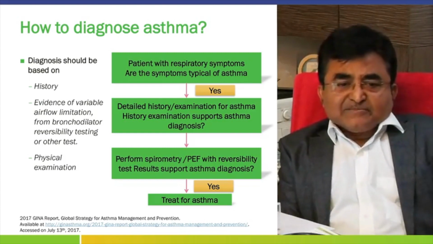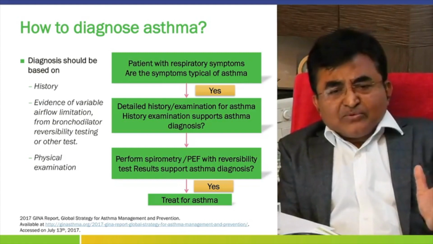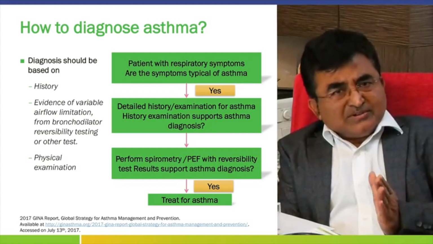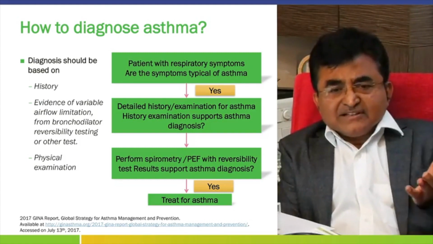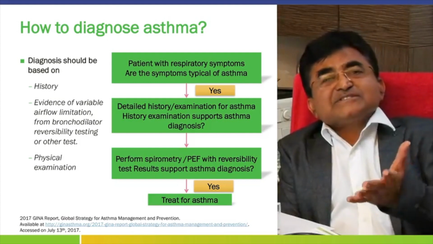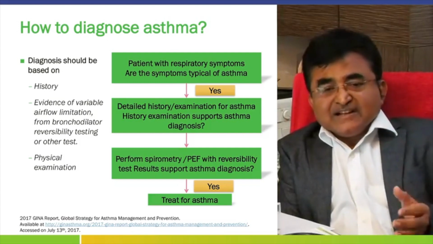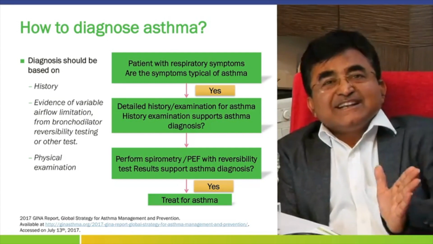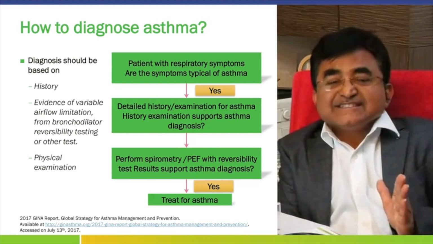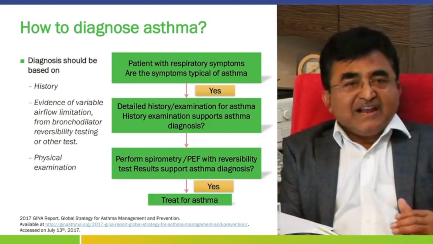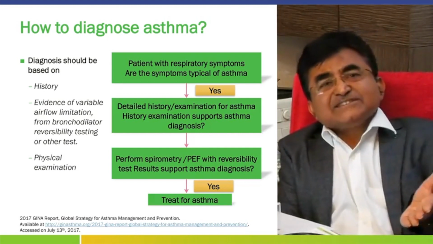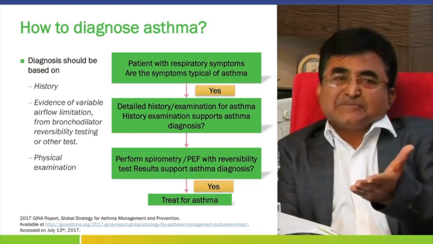Patients with respiratory symptoms, when they come to you, ask a question whether the symptoms are typical of asthma. And as we have discussed, if they are yes, then you have to go for the detailed history, detailed examination of the patient, and see if the examination findings support asthma.